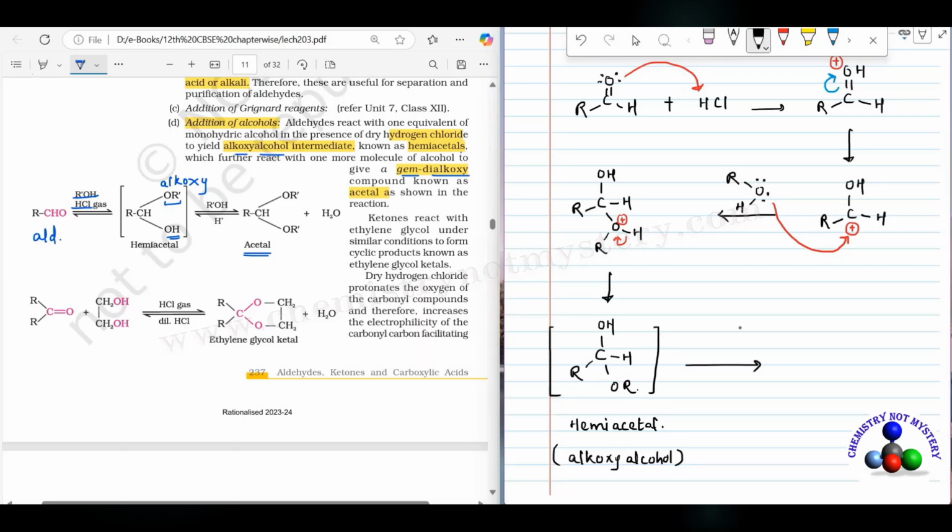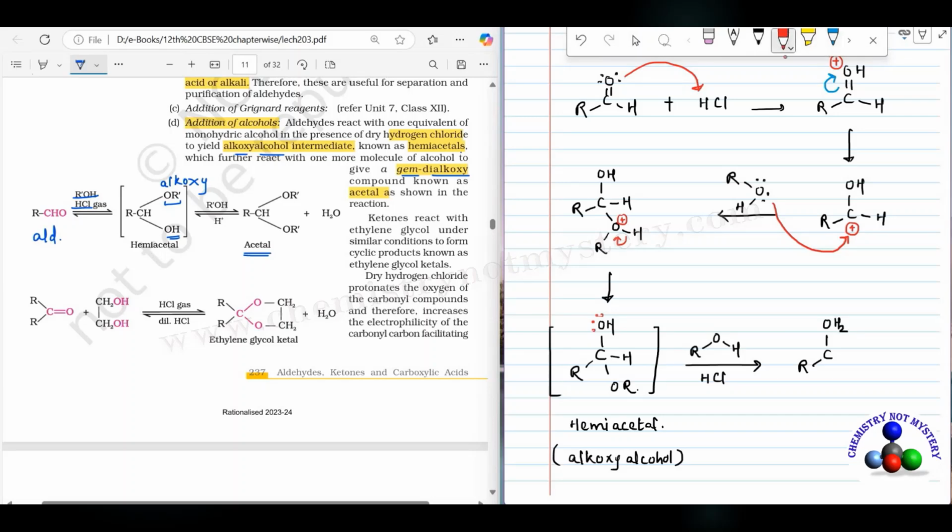So now it will react with another molecule of alcohol, ROH, in presence of HCl. Again the oxygen of OH will abstract a proton from HCl. So as it abstracts the proton from HCl, it will form RCOH2.